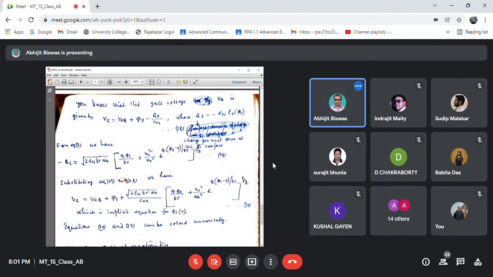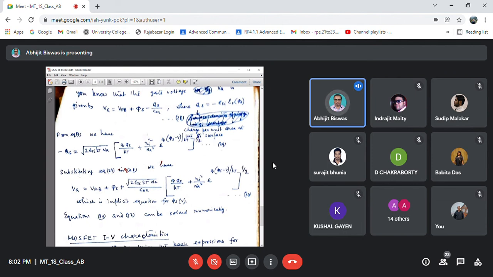Qs is the charge per unit area at the silicon surface, given by equation number 29: root over twice epsilon silicon kT Na within the bracket, q phi s by kT plus ni square by Na square e to the power (q phi s minus V) by kT, whole to the power half.